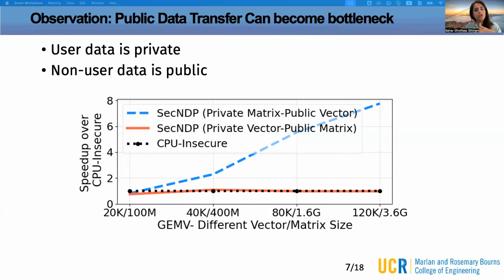Our observation shows that our prior work does not perform optimally when the amount of public data increases or exceeds that of the private data, because there is still a huge amount of public data which needs to be transferred to the CPU for the computation.